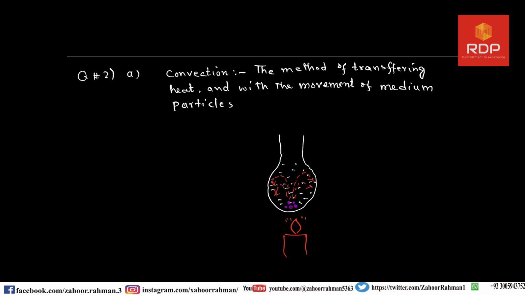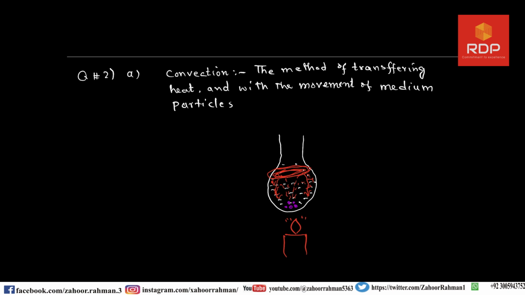and as a result they are moving in upward direction and transferring the heat to the molecules of water in the upper portion, which is this one, and as a result the molecules at the top become heavy and then they are coming down.